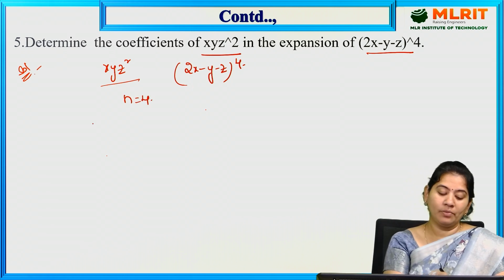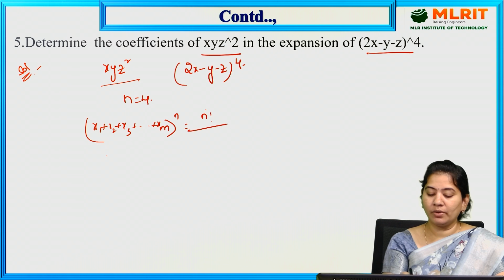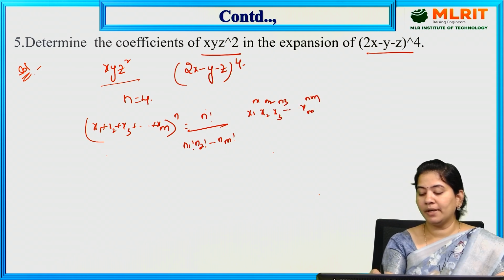And we know the formula: (x1 + x2 + x3 + so on + xm) whole power n is equal to n factorial by n1 factorial, n2 factorial, so on nm factorial, times x1 whole power n1, x2 whole power n2, x3 whole power n3, so on xm whole power nm.